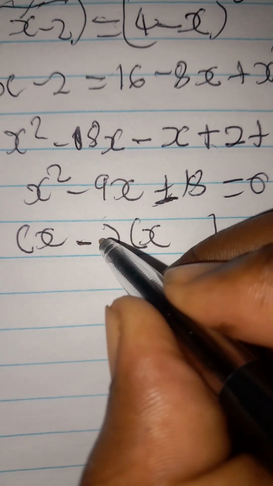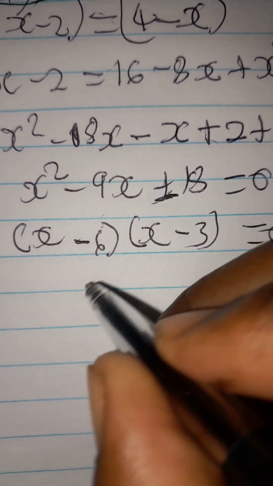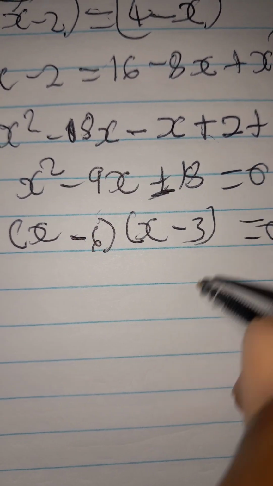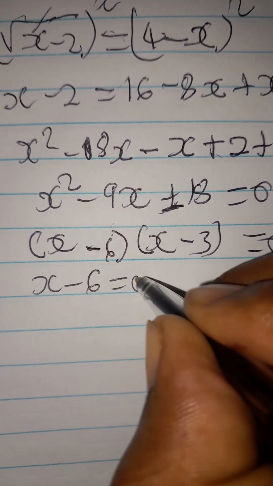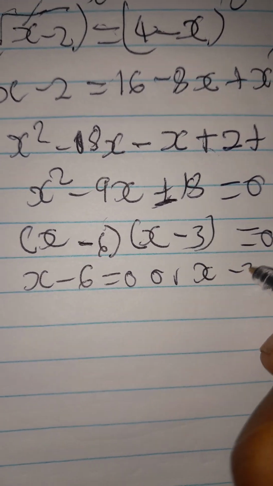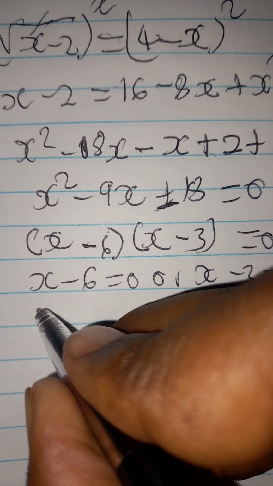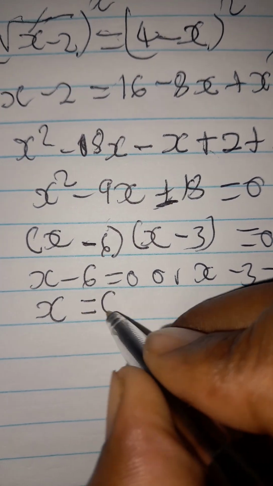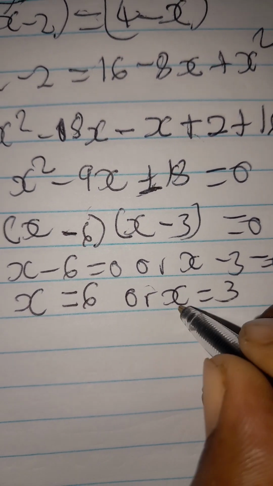So we are going to have minus 6 and minus 3, because negative 6 minus 3 is negative 9, and negative 6 times negative 3 is positive 18. You will then equate everything to 0. So x minus 3 equals 0 and x minus 6 equals 0. Transpose 6 to the other side, becomes positive 6. Transpose negative 3, it becomes positive 3.